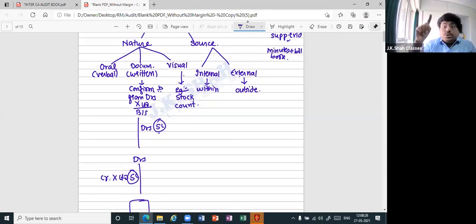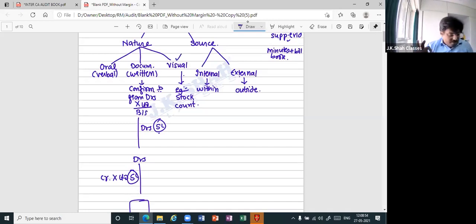Can I say the auditor has to check whether management is doing it properly or not? So the auditor also will go to the godown to verify whether management is properly calculating the stock or not. Obviously he will see whether management is doing it properly, and then looking at that, he will come to know. So when looking at something, you get information. What is the nature of this information? Correct. Can I say the nature is visual?